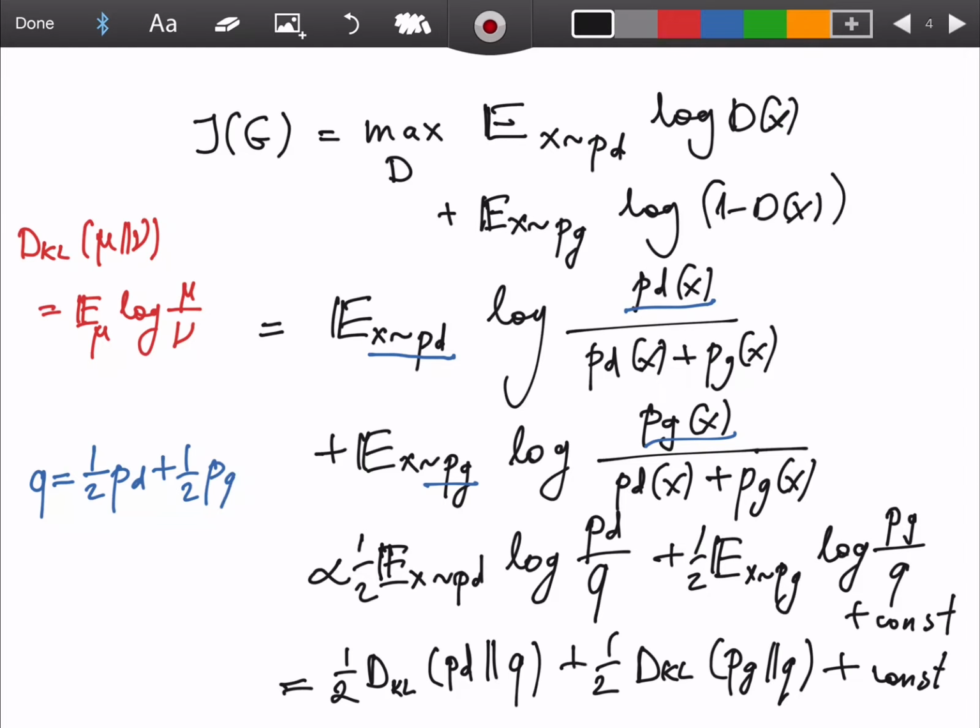Of course, this 1/2 and this constant don't affect the minimizer when we minimize this with respect to the generator. And this distance has a name. So what we are doing is minimizing with respect to PG. We have some parameterized form of the distribution of the generated samples.